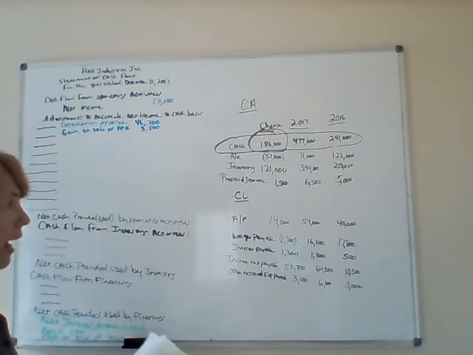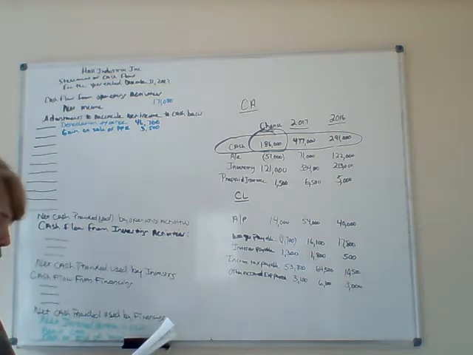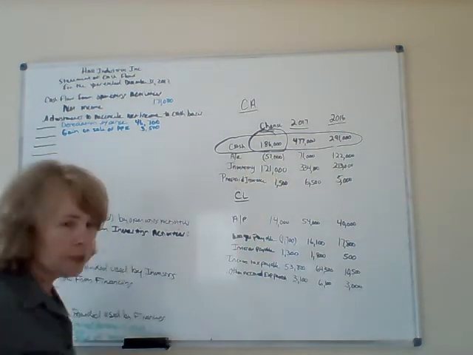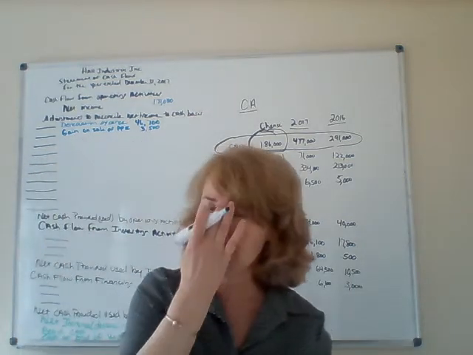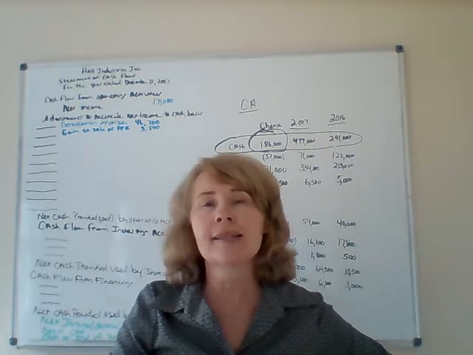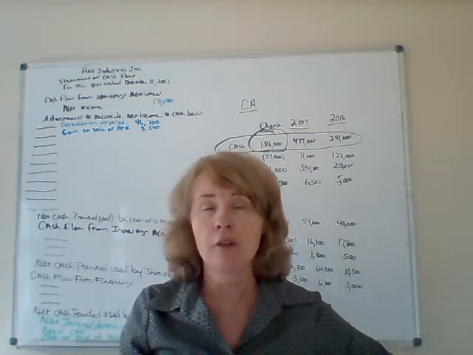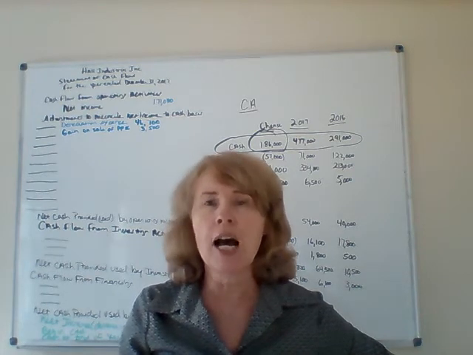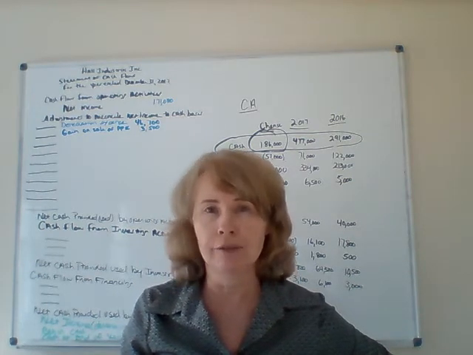Okay, now I'm going to work with my changes. I'm going to go over here. You've got to know the rules before we begin. Here are the rules. If current assets increase for the cash flow, it's not logical. So if they increase, I'm going to show it negative.